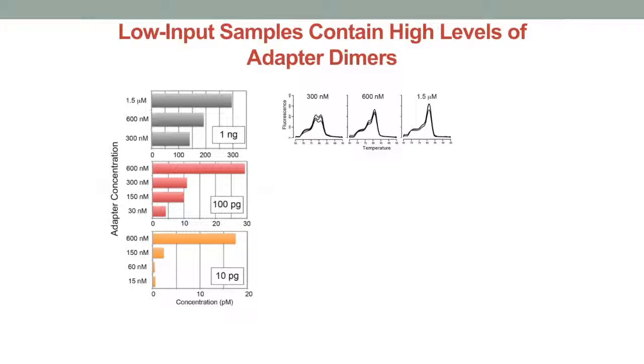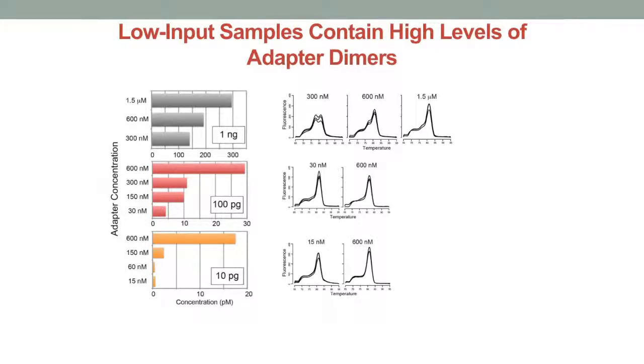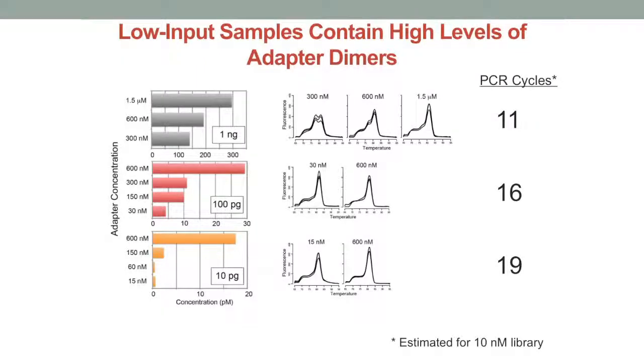As we increase adapters, we're going almost to completely adapter dimers, and this is true for our 100 picogram and our 10 picogram inputs. So we know we have a lot of adapter dimers being carried through the protocol. We still went through and calculated how many PCR cycles we would need to amplify each amount, knowing that we're probably estimating this number.